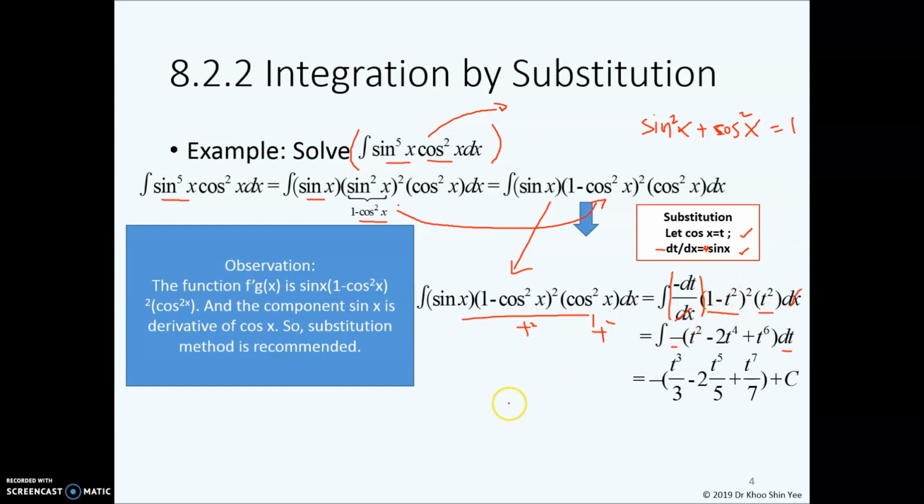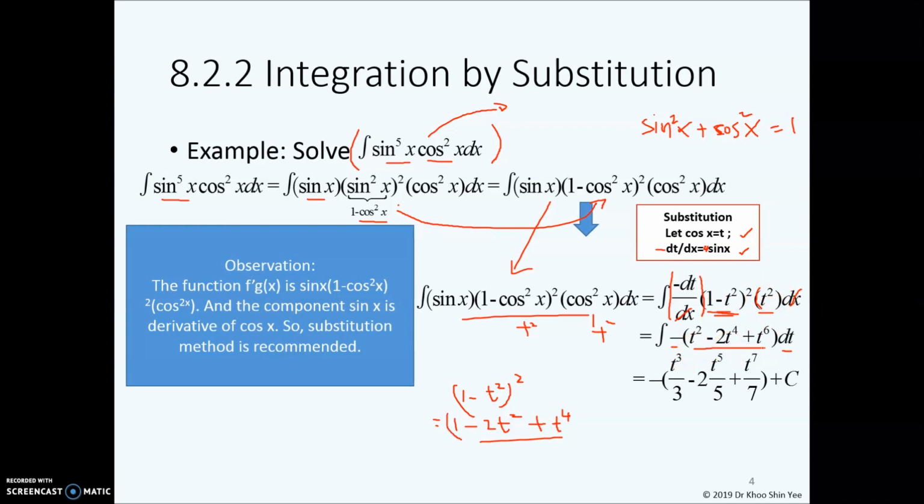For this term, 1 minus t squared to the power of 2, we expand it and we should get this: 1 minus 2t squared plus t to the power of 4. Then we continue to multiply with t squared, and you should be able to get this.